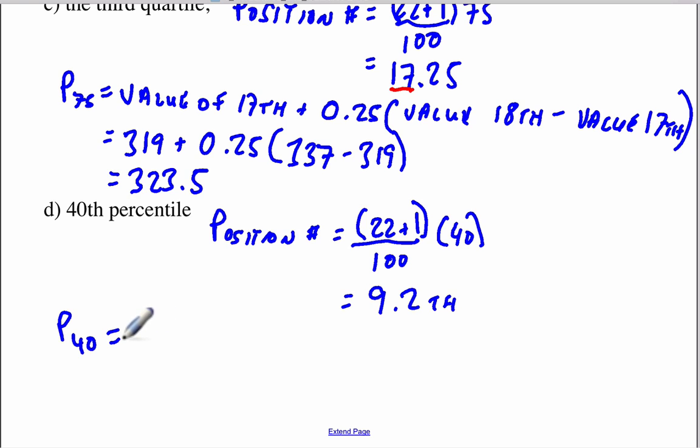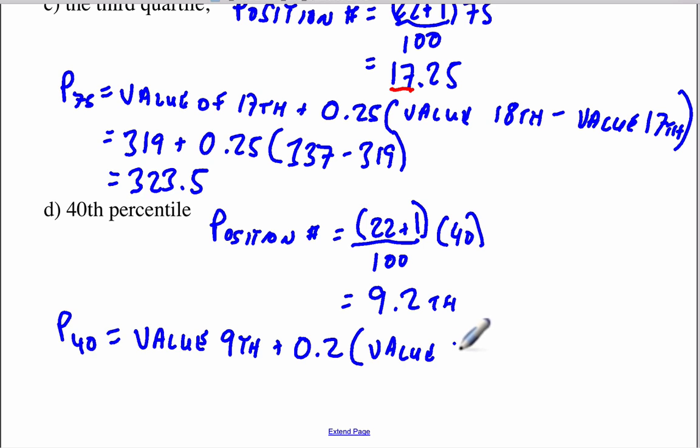The value of the 40th percentile will be the value of the 9th number in our array plus 0.2, which is our decimal here, times the value of our 10th minus the value of the 9th value in our array.